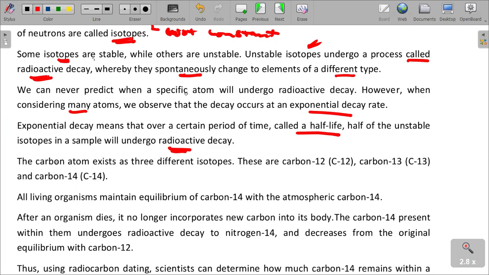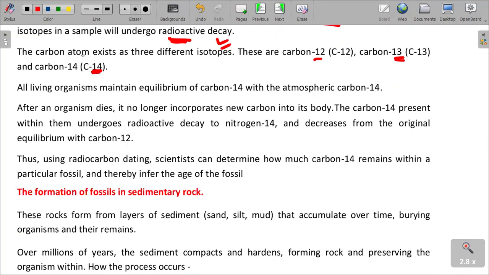Now, carbon atoms exist as three different isotopes: carbon 12, carbon 13, and carbon 14. After an organism dies, it no longer incorporates new carbon into its body.